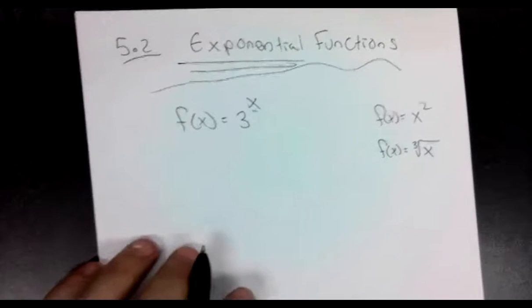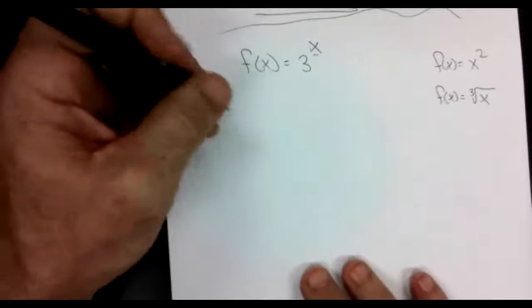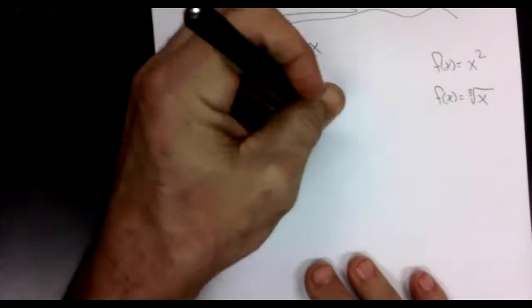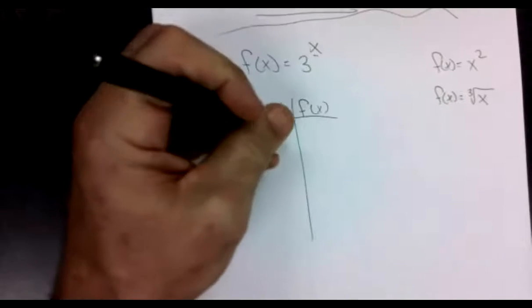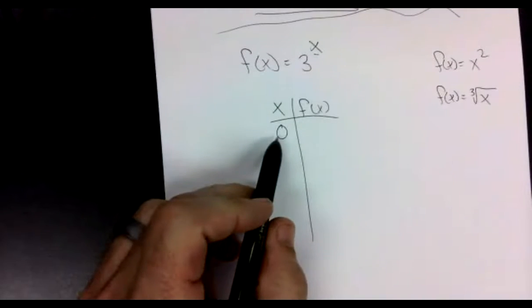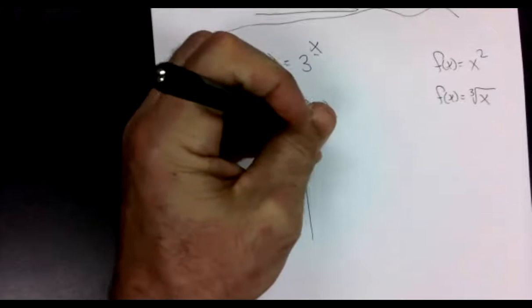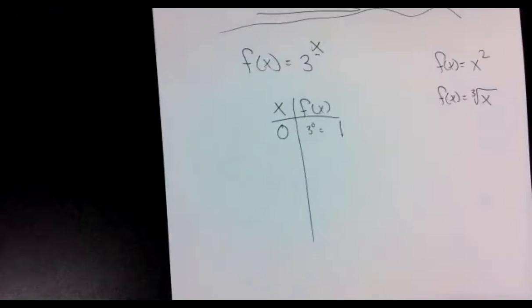Okay, so if we show like an XY chart for this function. If we make our exponent 0, so this is saying 3 to the 0 power. Okay, that would be 1.